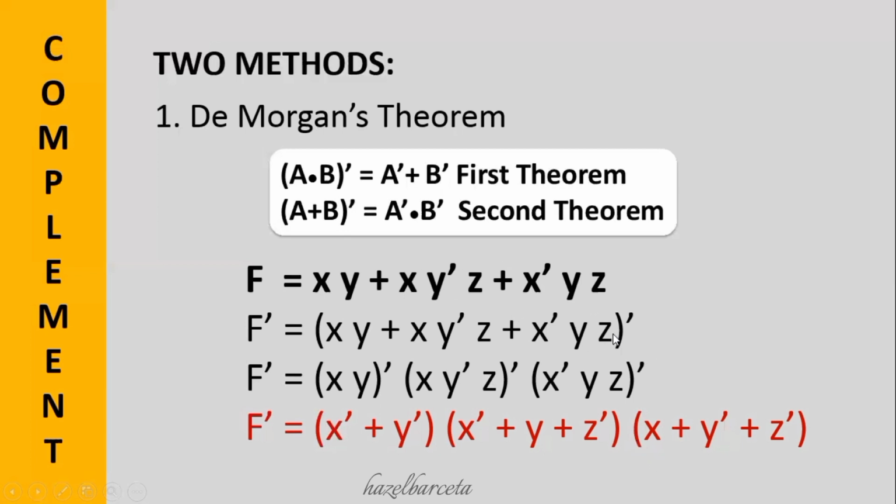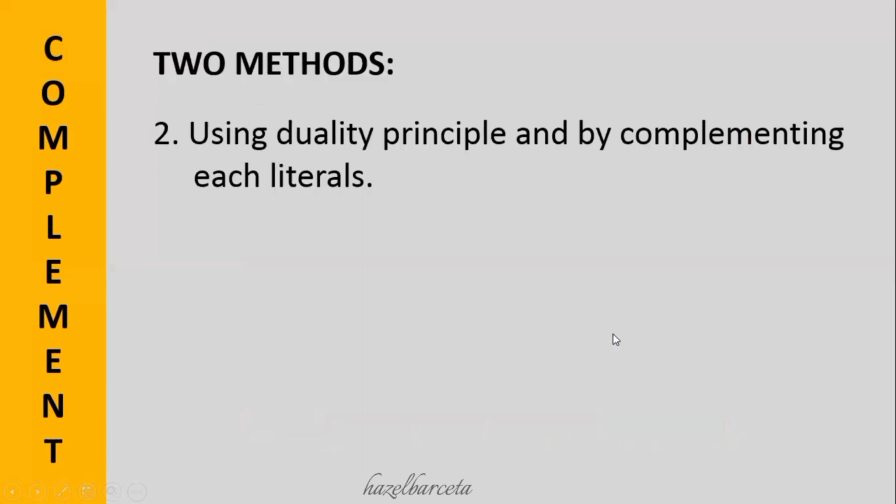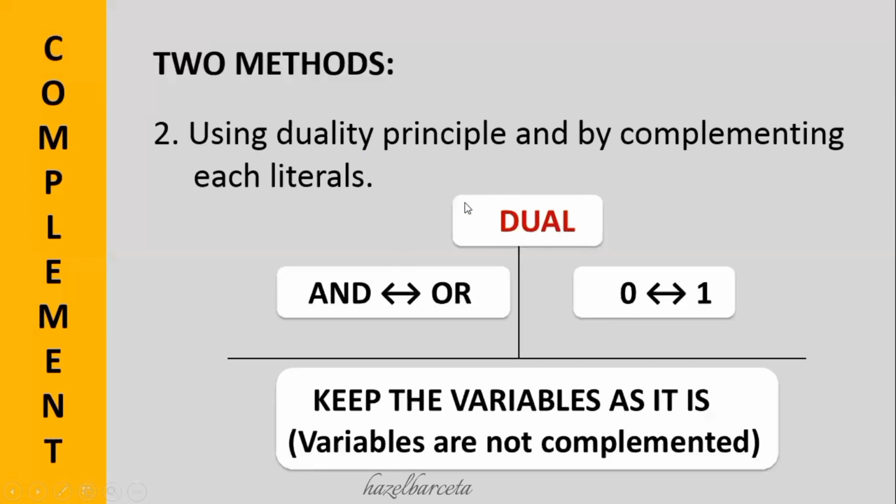We also have the other method using duality principle and by complementing each literal. So alin naman po yung literals? Ang dami naman pong lumalabas. Itong literals na to is the same ng variables. Yung variables and its complements are called literals. Okay? So, di ba ito po yung ginagamit natin kay dual.